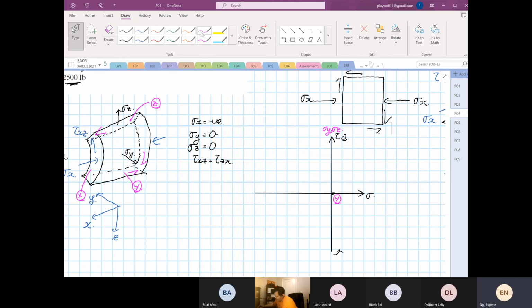And then we are going to draw our stress X. So this is our stress X. And then we are going to have a shear. Okay, hold on. Then we're going to have our shear line.